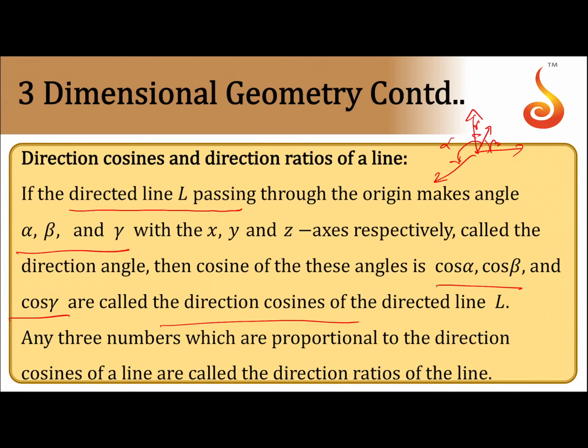And any 3 numbers which are proportional to these values of cos alpha, cos beta, cos gamma are called direction ratios.